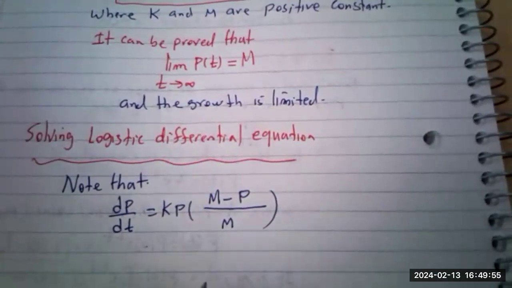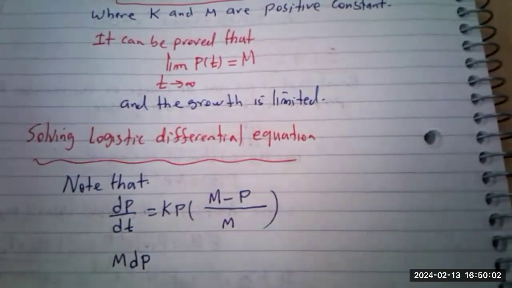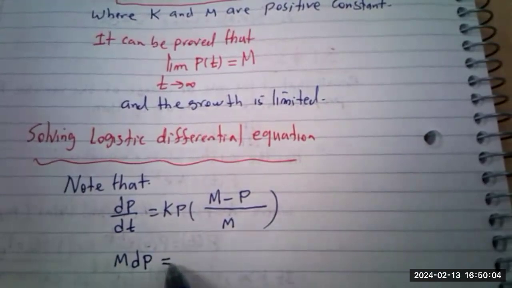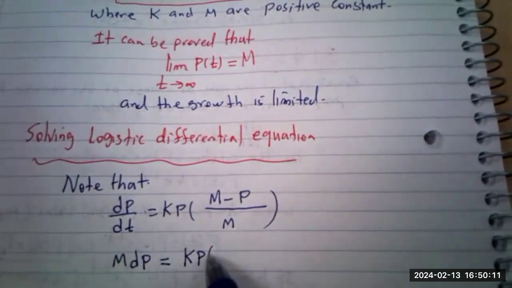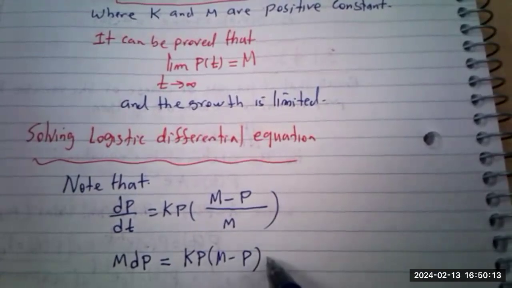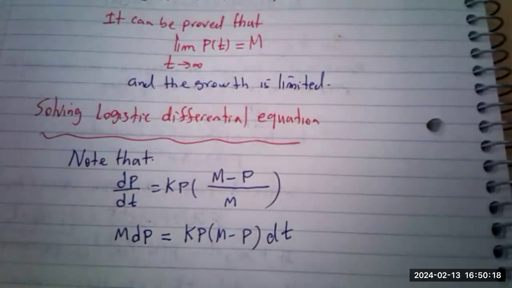If I cross multiply, I'm going to have m dp, and on the other side it's going to be kp times m minus p times dt. Okay, you want to write it as a separable equation. So you have to collect the p and the dp on one side of the equation and the t on the other side.